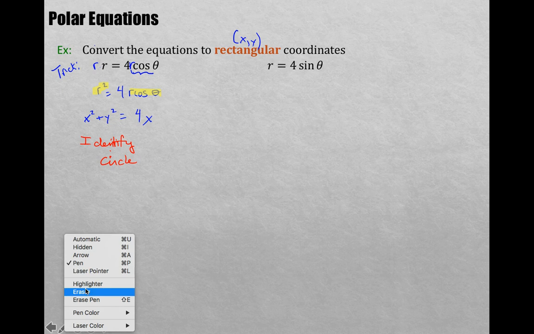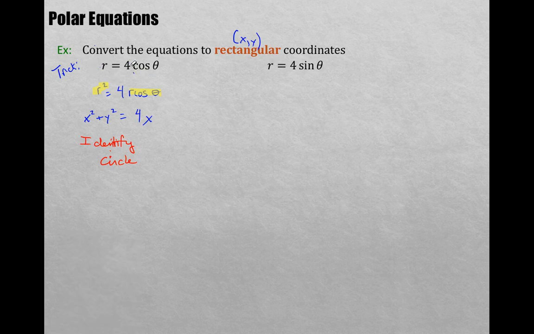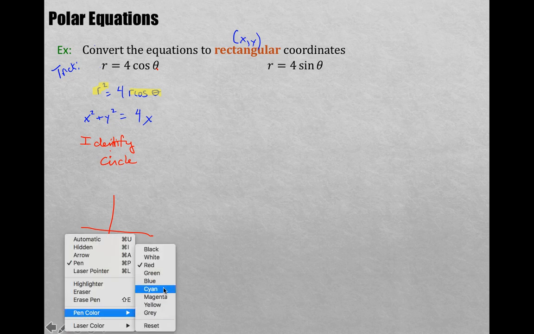Look at this equation, what I started with before I messed around. R equals 4 cosine theta is a circle. Talk to me about when theta is 0. When theta is 0, r equals 4 cosine theta. What's cosine of 0?